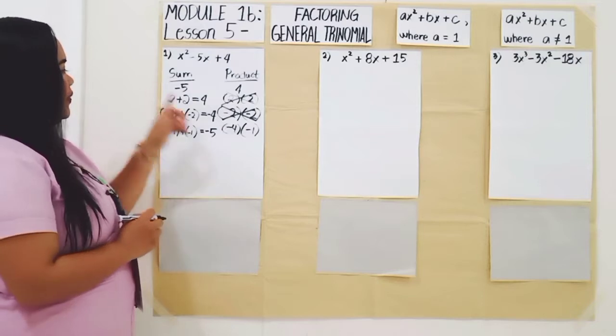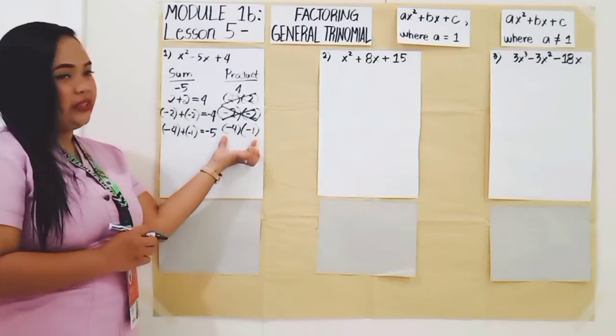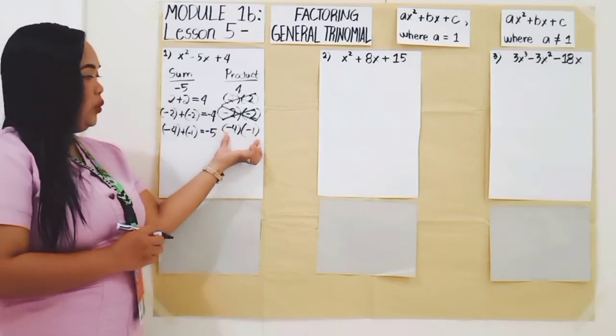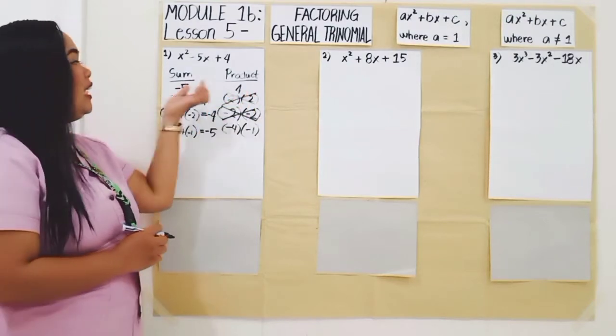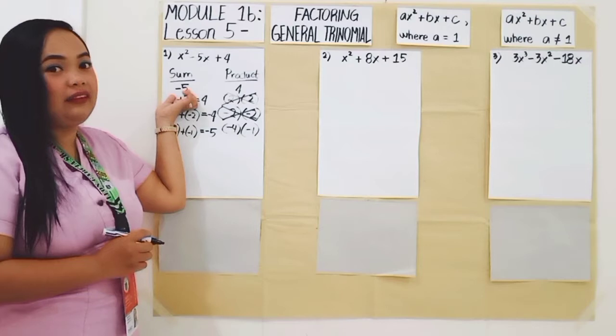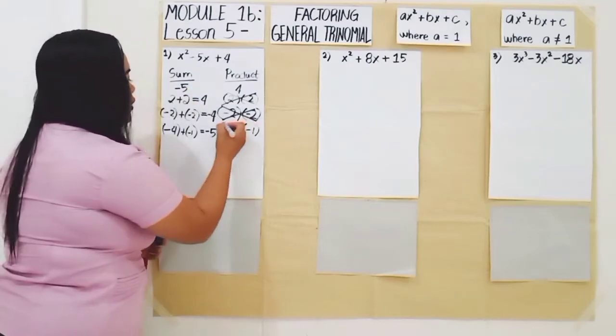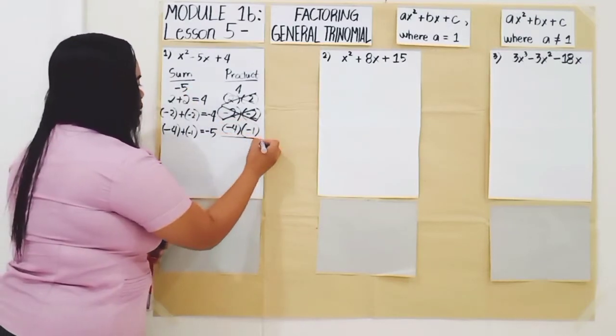So, since the factors that we used can be a product of 4 and a sum of negative 5, then we will use these factors.